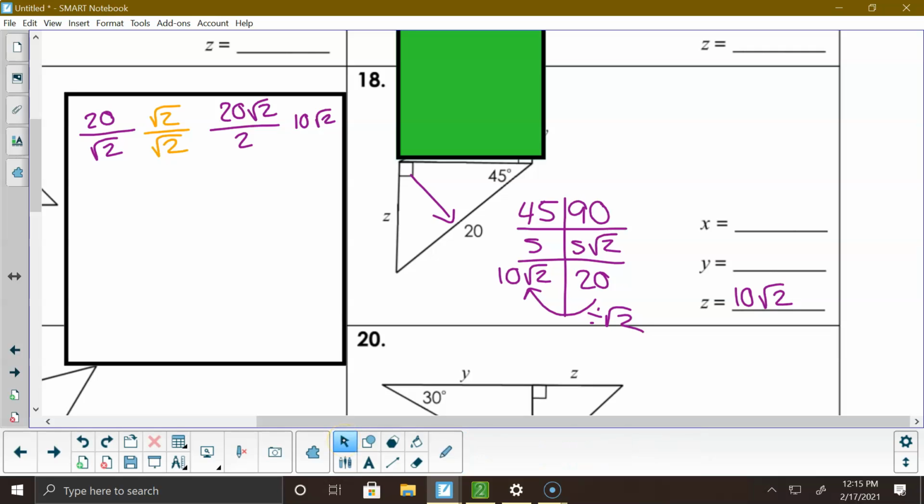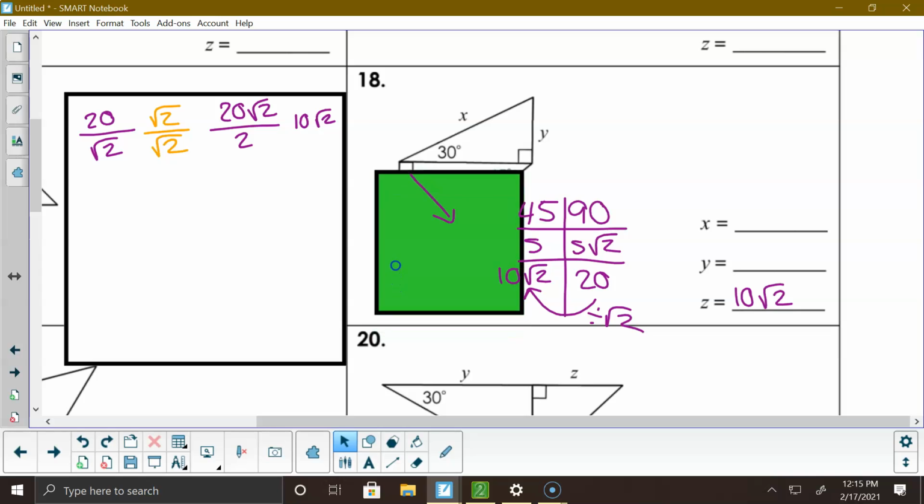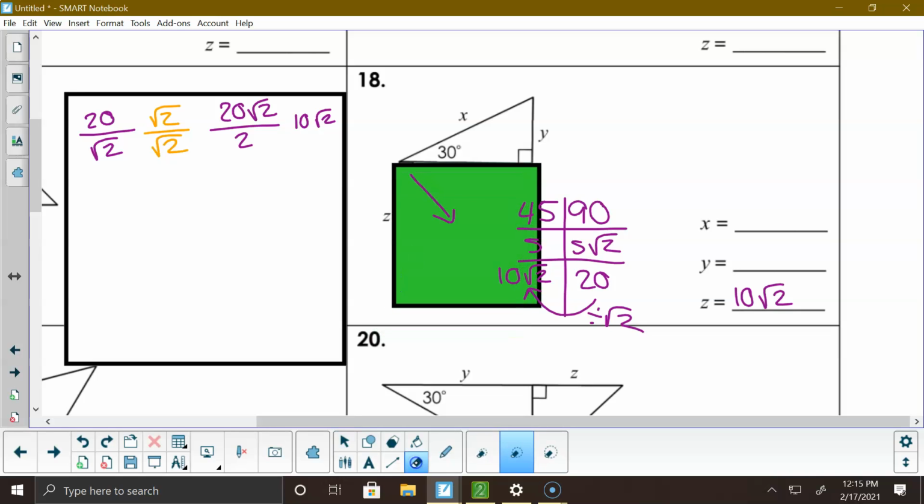So far, so good? Y. This side is 10 root 2. Both sides for that 45, 45, 90 triangle have to be the same. So that top triangle, what kind of triangle is it? 30, 60, 90, or 45, 45, 90?